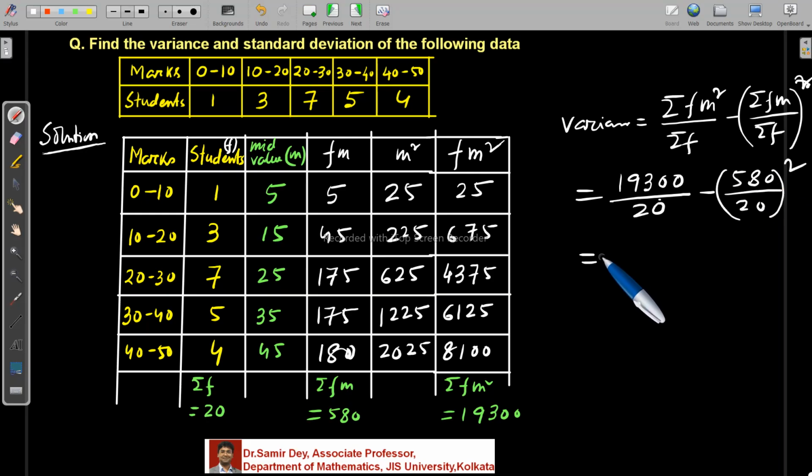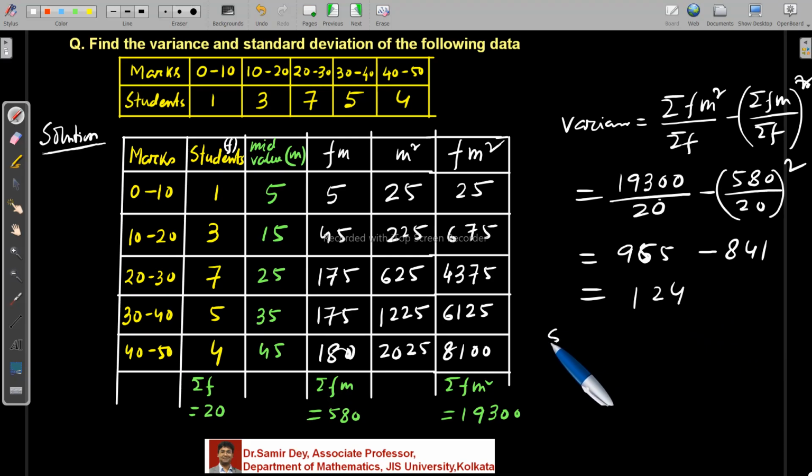So ultimately it is coming 965 minus 841. If I simplify and subtract, it is coming 124. So this is the variance.